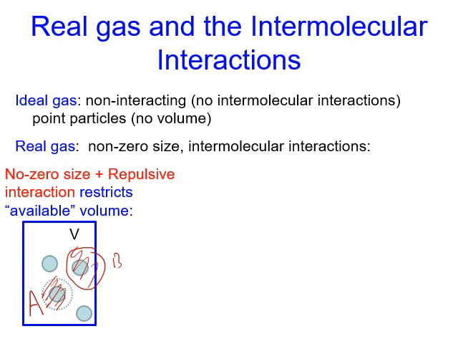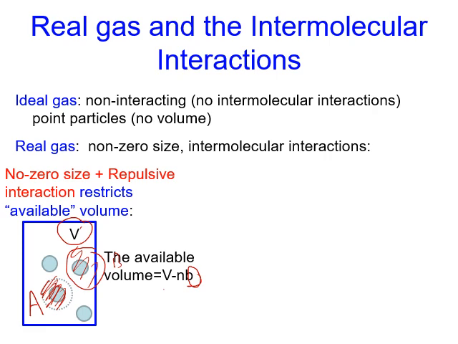So if V is the container volume, the free volume for the molecules to move is much less than that. The free volume can be calculated by the container volume minus constant B. B represents the volume that is not accessible to other molecules due to the repulsive force.